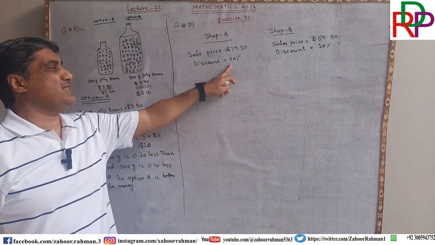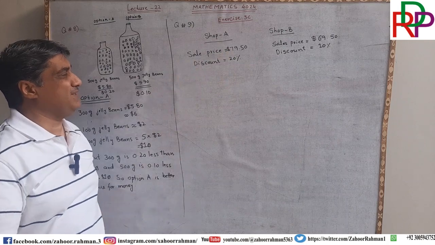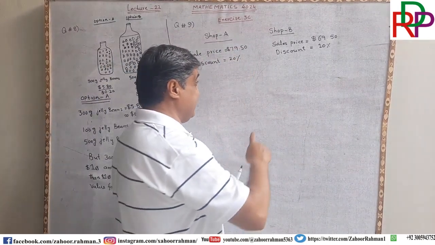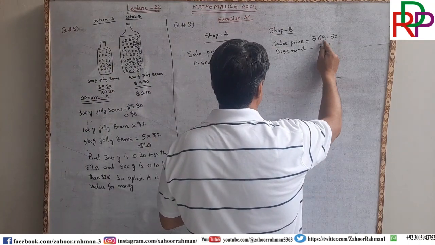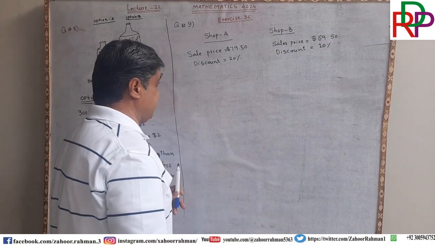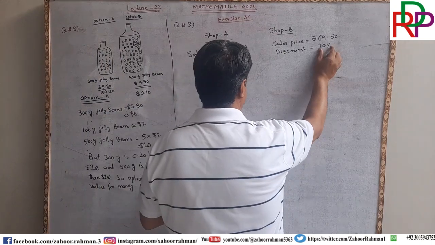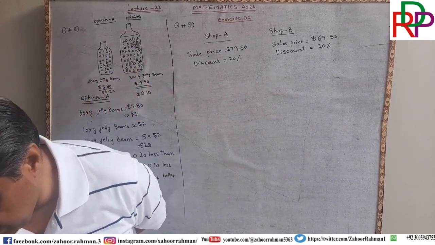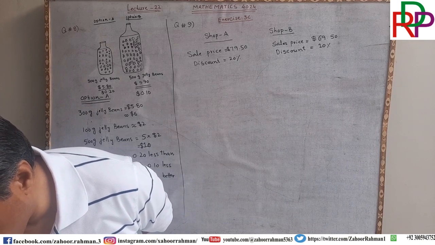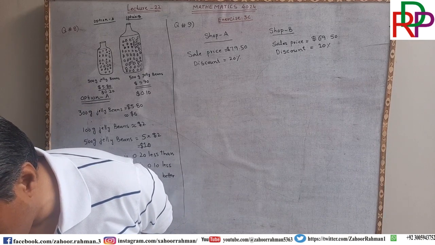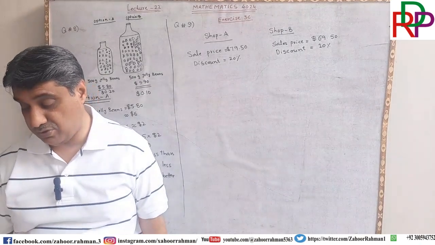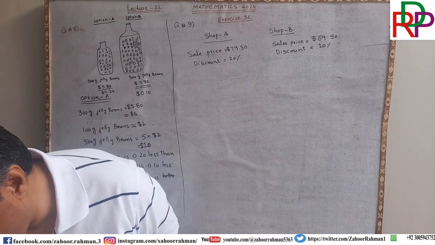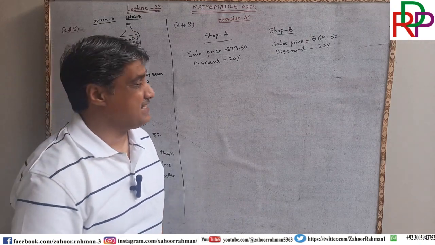Here the discount is 20%, but they are giving it on 79.50. Here the price is 69.50 and the discount is 10%. So what the question is saying, write down a calculation you could do mentally, not using calculator, to help you decide which shop to buy the dress from.